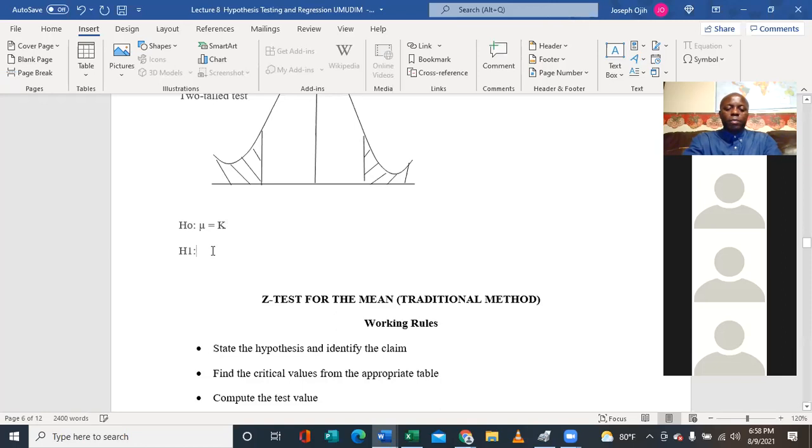Then the alternative will be mean not equal to K, where K can be any number at all. So whenever you see a hypothesis in this form, it is called two-tailed test. One is equal and the other one is not equal to.